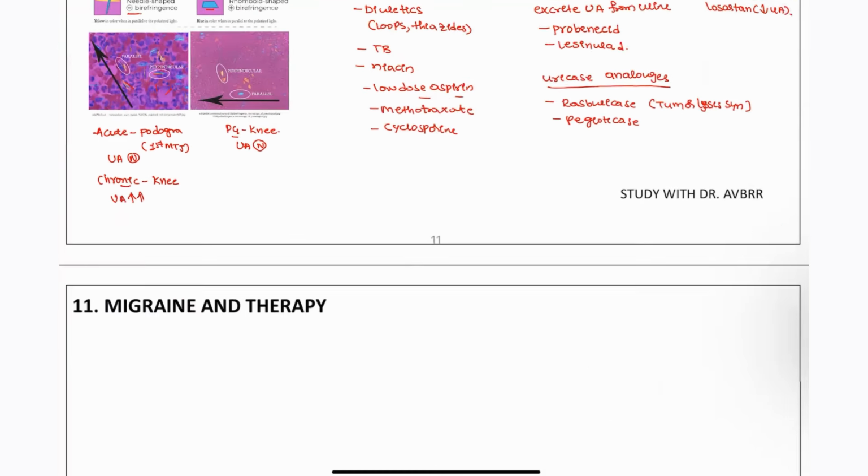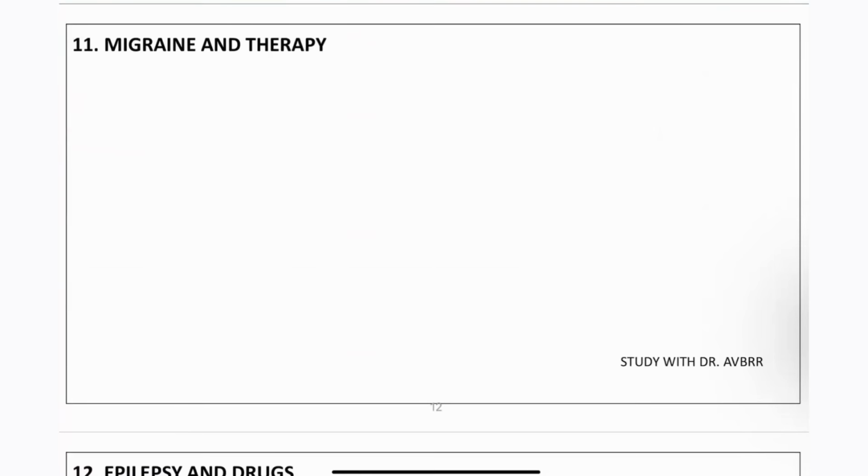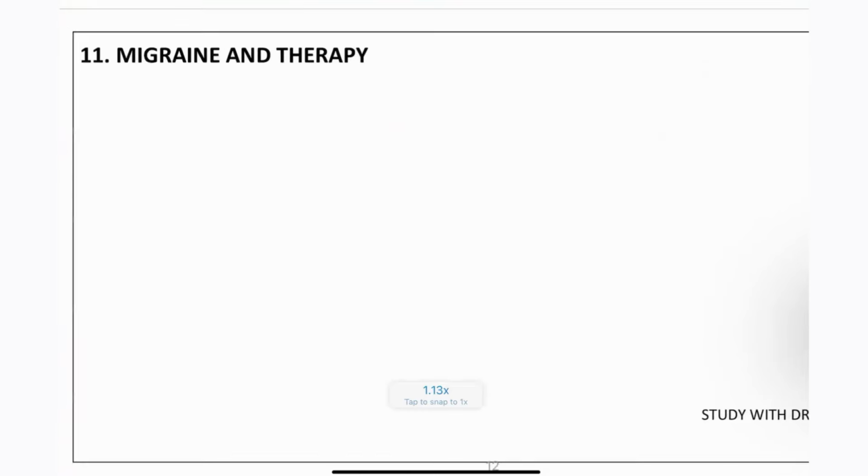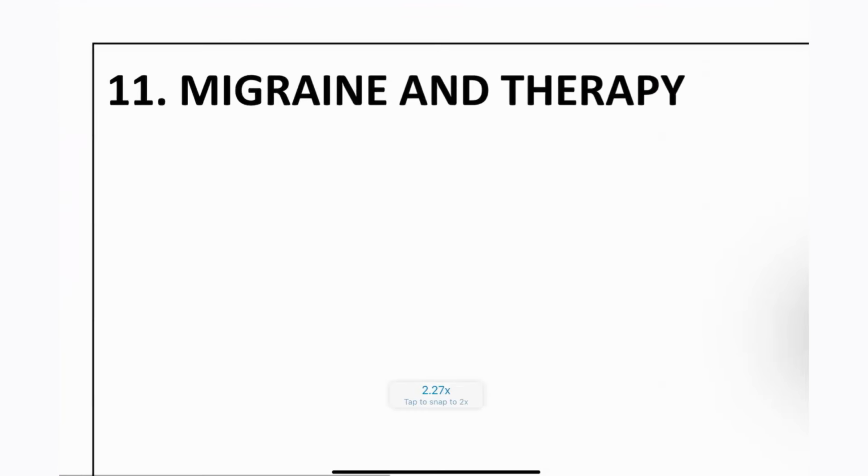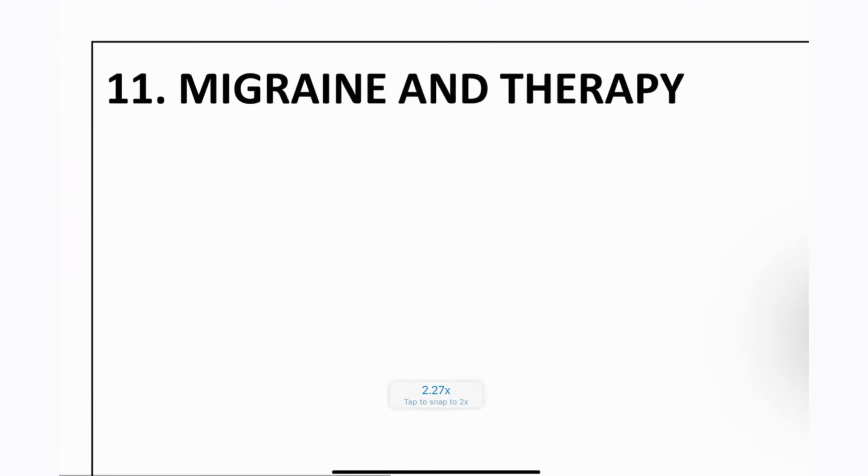Next, moving on to migraine therapy. In migraine therapy, you have seen many drugs, right? Basically, we are going to give this patient sumatriptan. Triptans are going to help these patients. But there is an important classification for migraine that you have to take note of, guys. What is the characteristic feature of migraine?